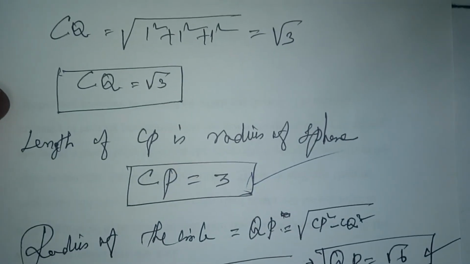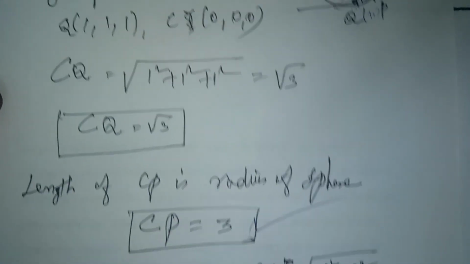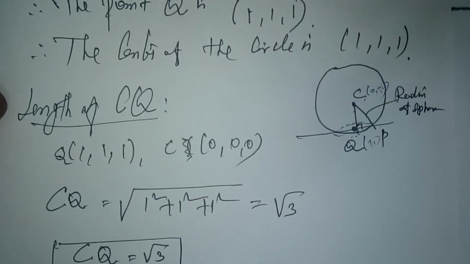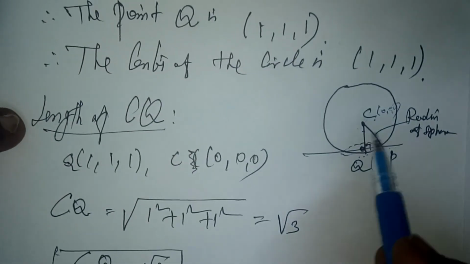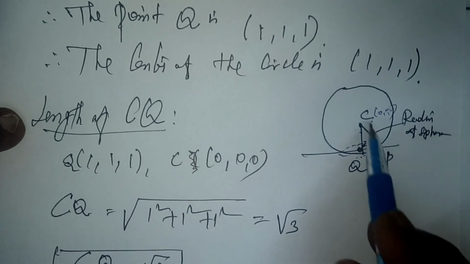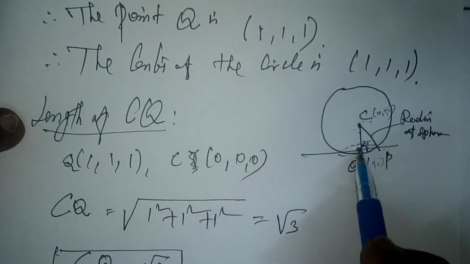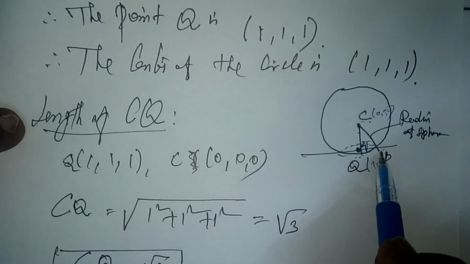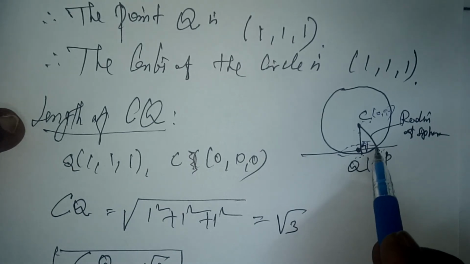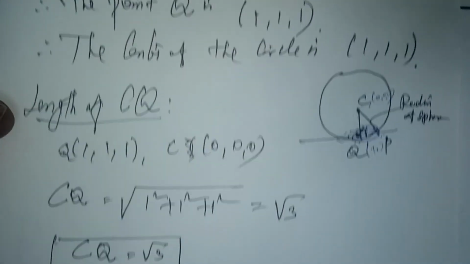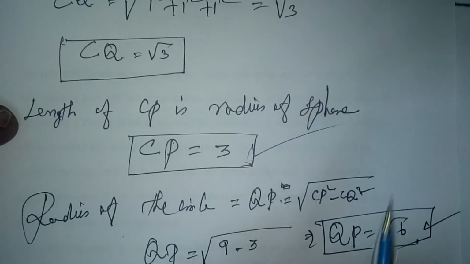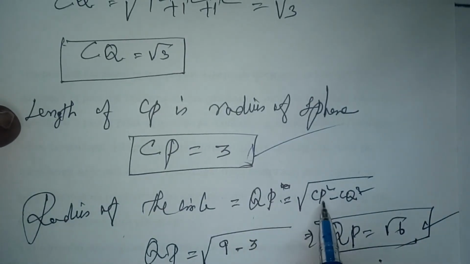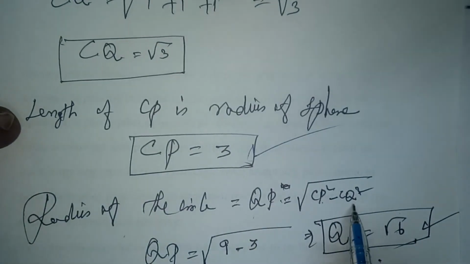Now we are going to find the radius of the circle. How do we find it? Here we use the Pythagoras theorem, since this is a right angle. CP square is equal to CQ square plus QP square. The radius of the circle is QP, so QP equals the square root of CP square minus CQ square.